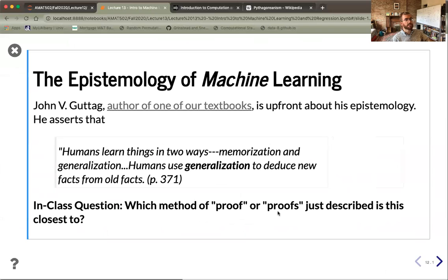And then memorization is actually an example of perception. In order to actually remember something, you might need to first perceive it, and then hopefully it's stored in memory. But memorization here is also possibly a code word for reliable testimony. Someone just told you, or you looked it up in a book and you remembered. So all three methods of proof are actually being relied upon in Guttag's definition.